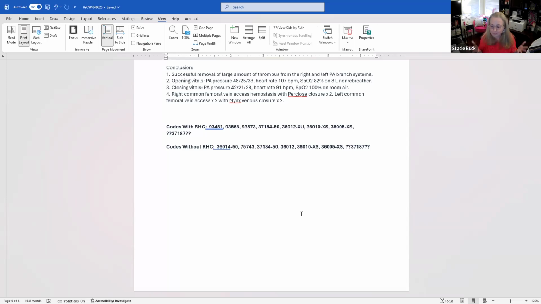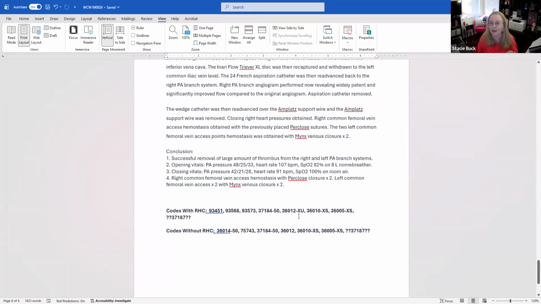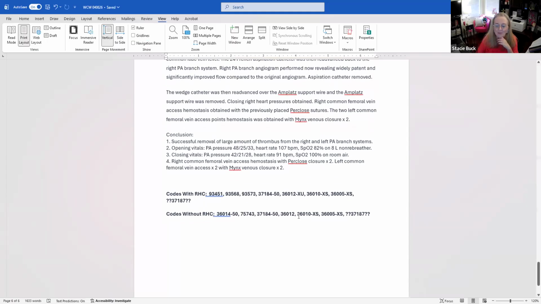So for what it's worth, those of you who are learning how to code and playing around with reports, sometimes that can be helpful. Full disclosure, I did that with this case because I read it through several times and I was like, okay, I can't even keep straight what's going on through what. So that helped me put all the pieces together.